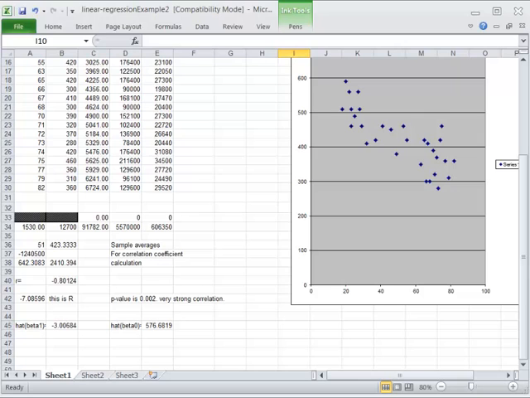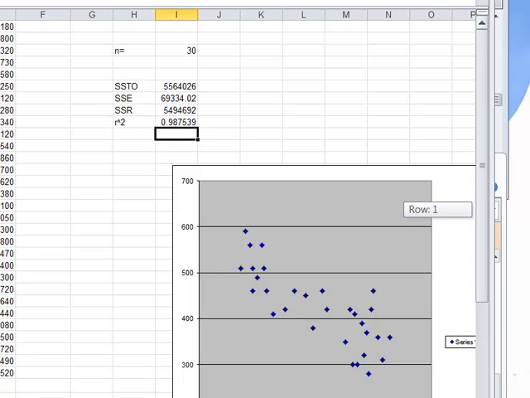Let me show you the scatter plot. So here's my example for x and y. In column A, in this Excel file, you see the values of x. In column B, you see the corresponding values for y. And here's my scatter plot.